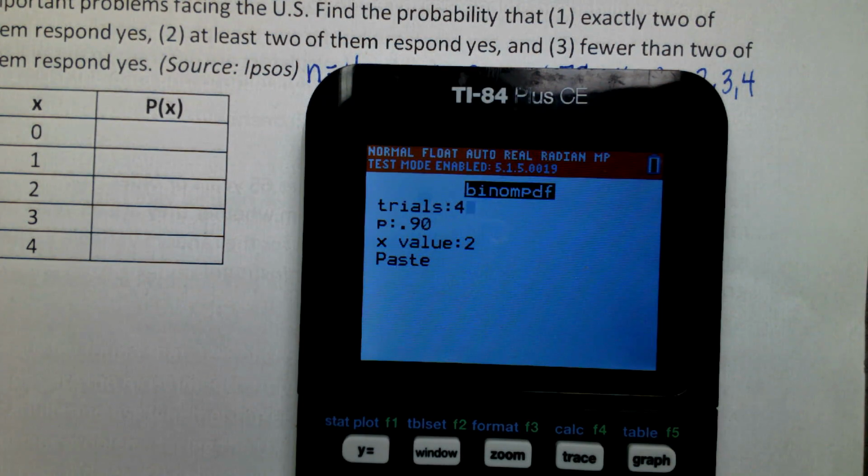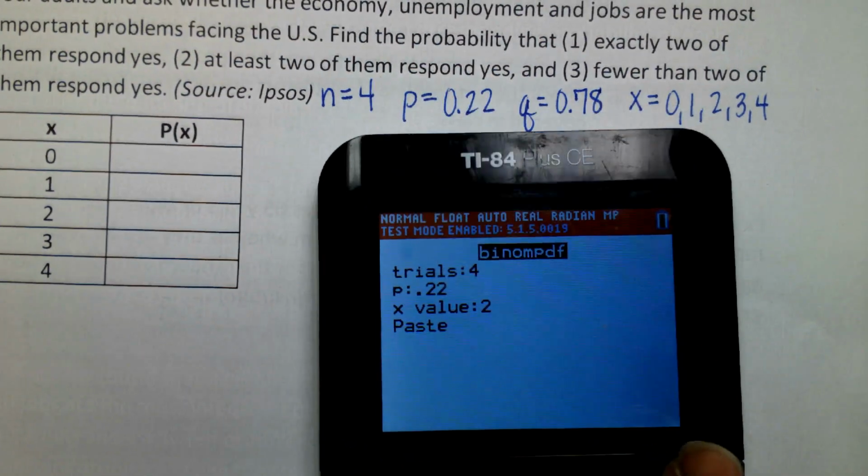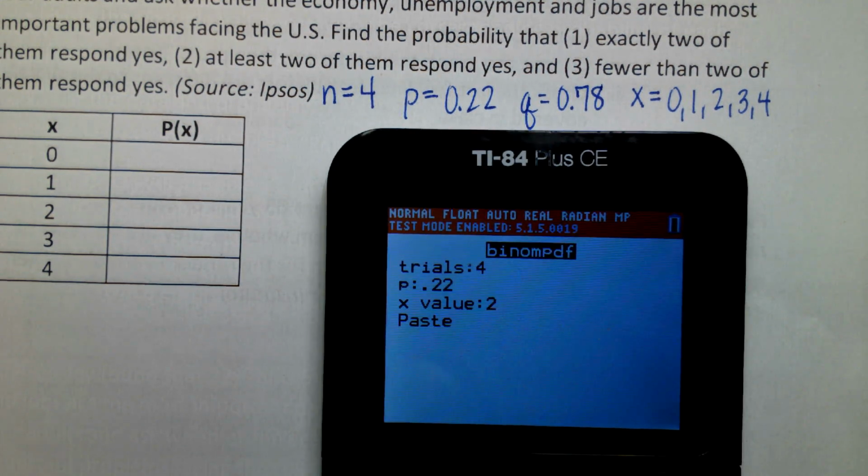N is 4. P is 0.22. And our x value, because we're inside of a list, I'm going to put L1. Second number 1.